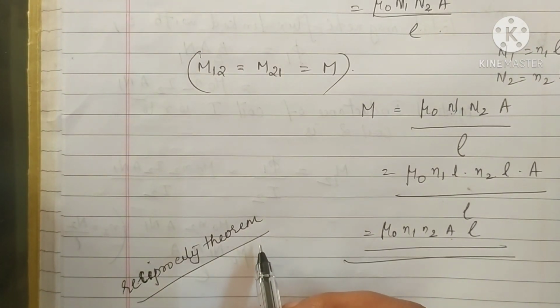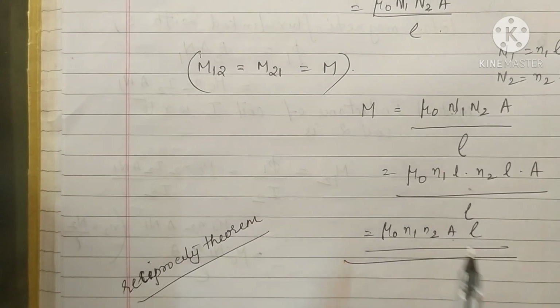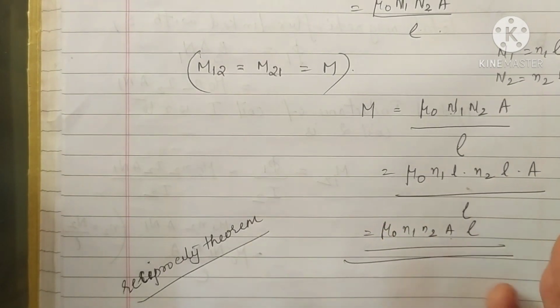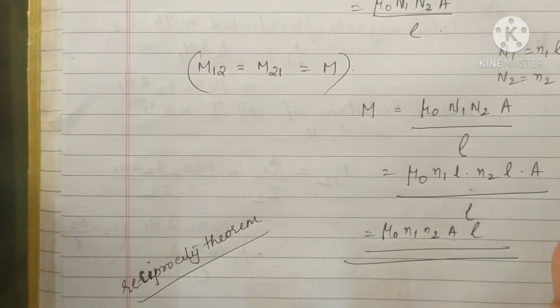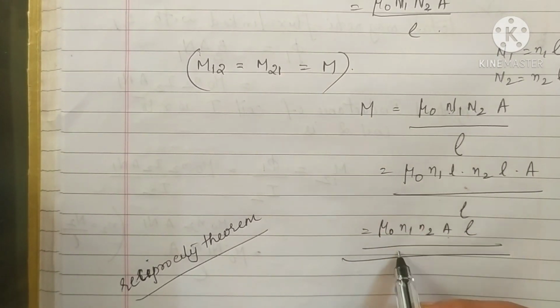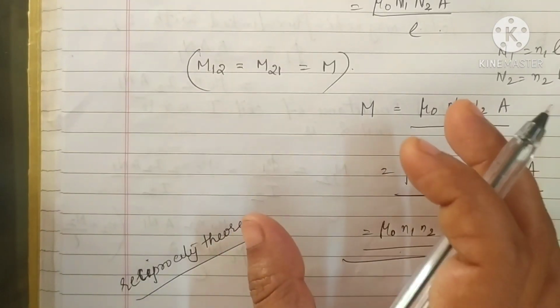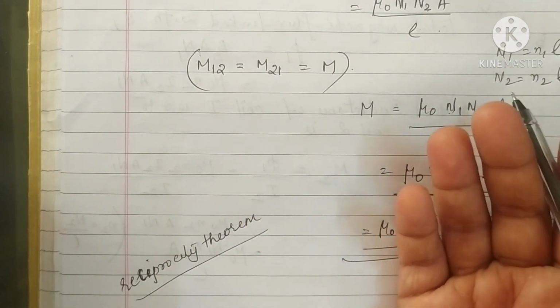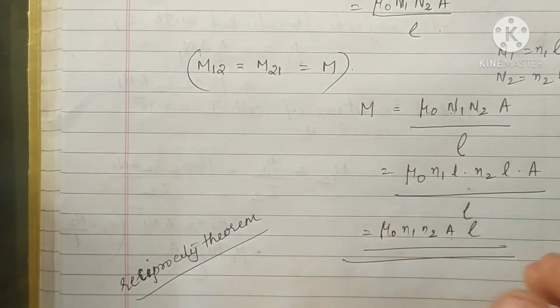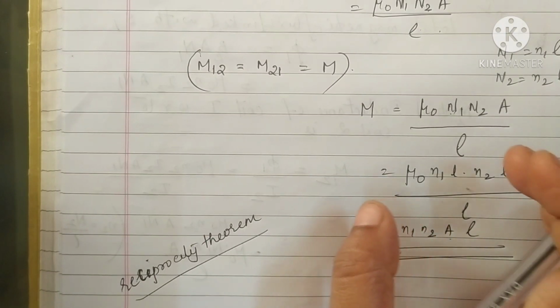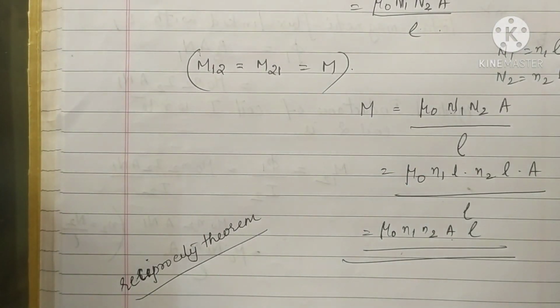Understood? Only the mutual inductance of two coils is the property of their combination. Clear? This section is very important because many times it is asked in the board exams. So study it thoroughly.